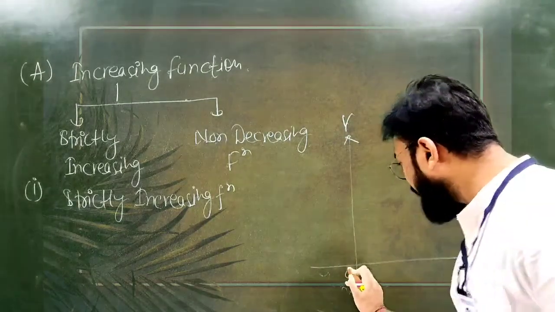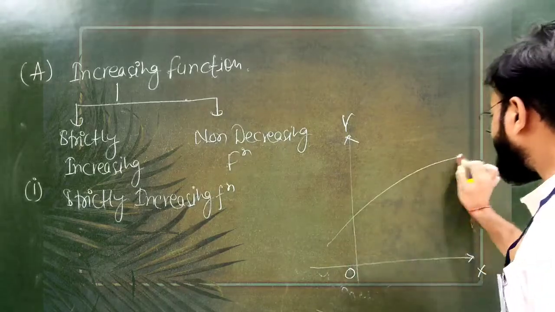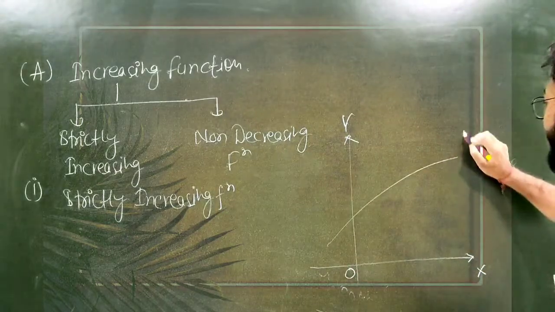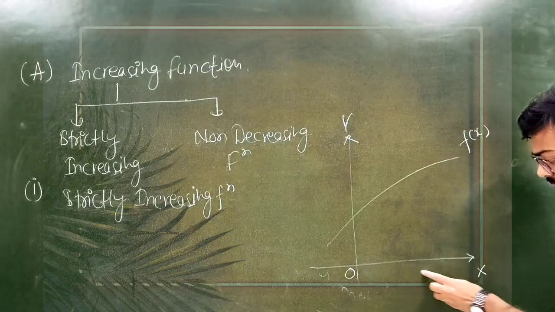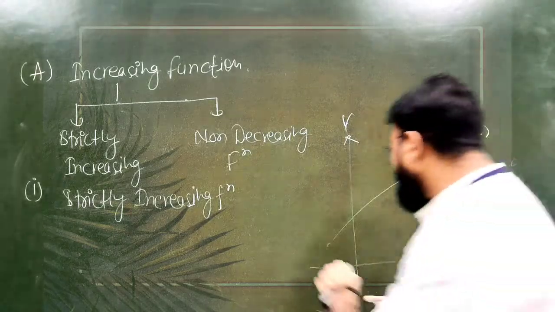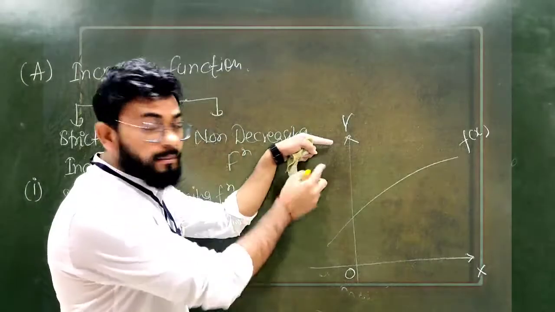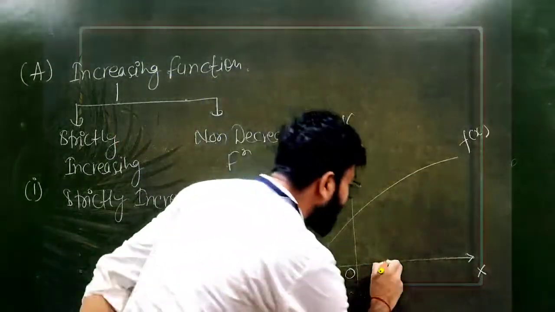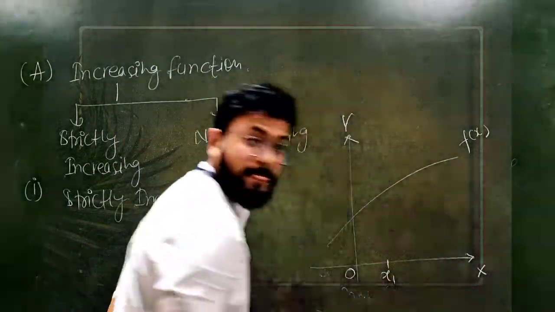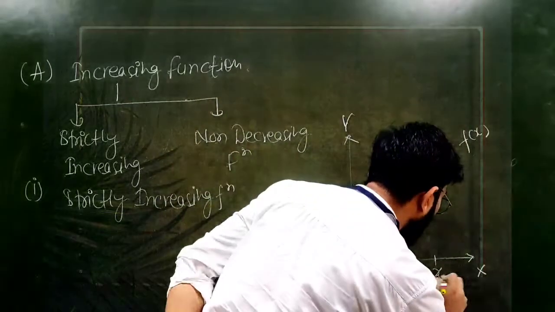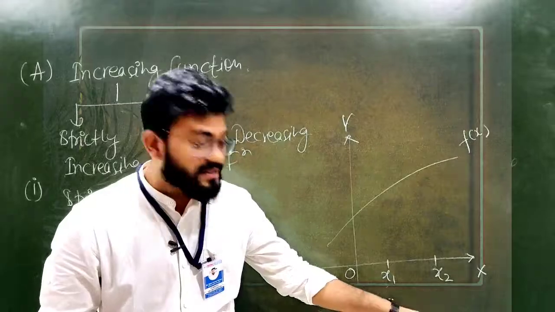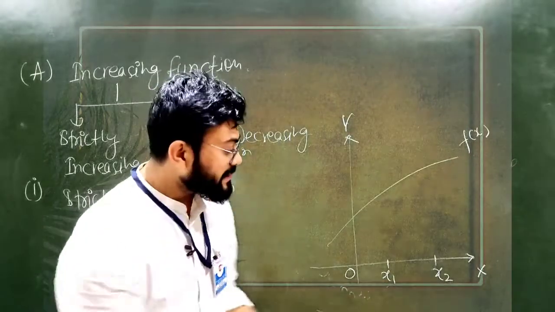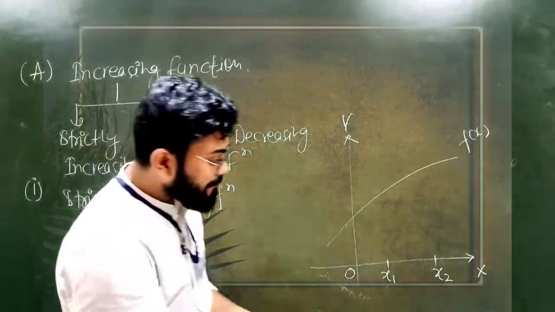Let's say this point is origin and there is a function like this. Name this function as f(x). Here is the value of x and here we'll use the value of y, meaning the value of function. If I say this point is x1 and this point is x2, which one is greater, x1 or x2? Sir, x2 is greater, on the right side of x1.